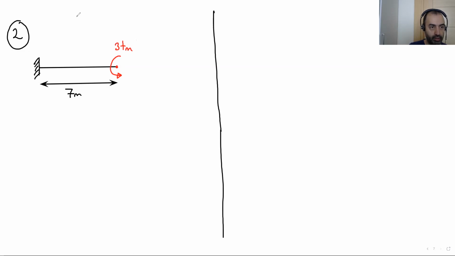The section here is a circular section, a circular hollow section actually, as you can see.